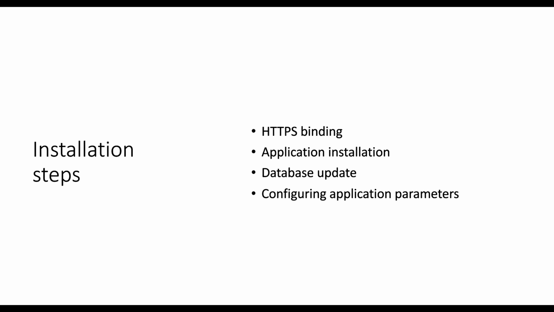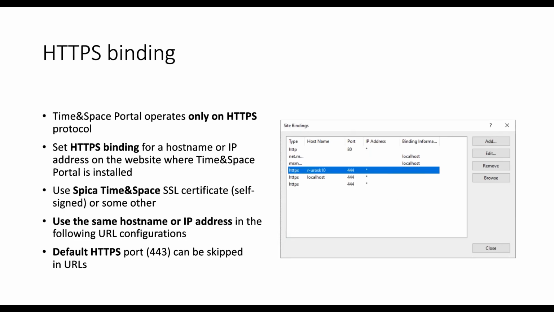So the first thing that we need to set up is the HTTPS binding. As I mentioned before, Time and Space Portal operates only on the HTTPS protocol. This means that the site where you will install Time and Space Portal needs to have an HTTPS binding set up.